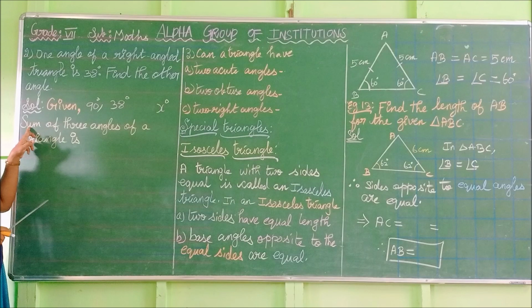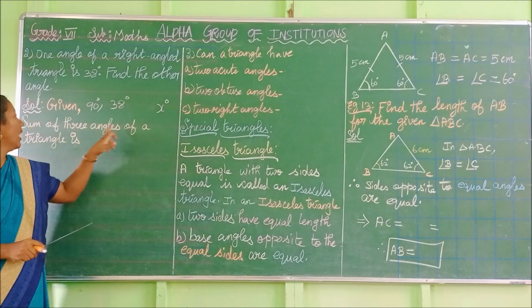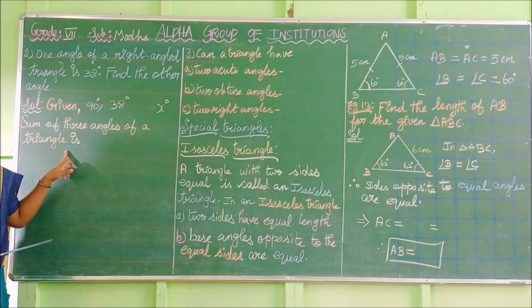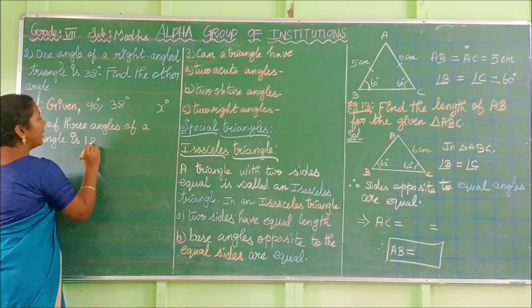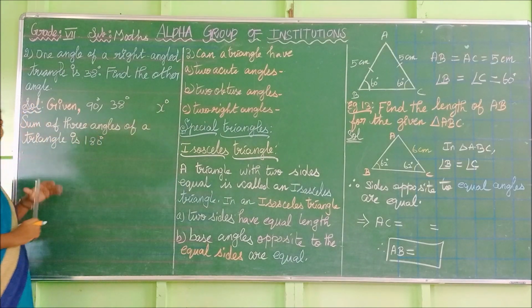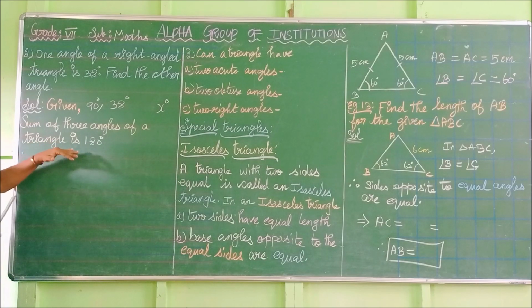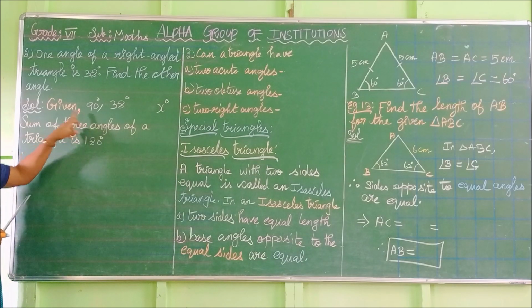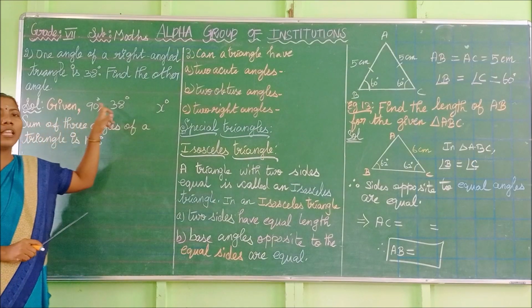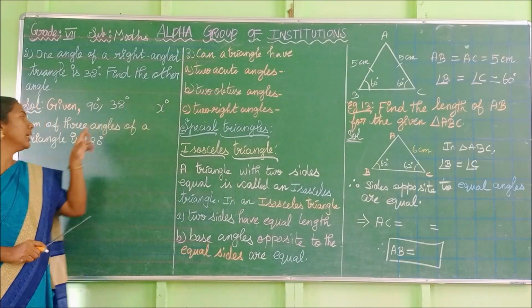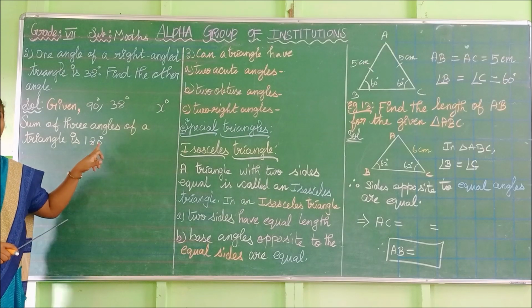Okay. We know that the sum of 3 angles of a triangle is what? Sum of 3 angles of a triangle is, yes, 180 degrees. So now we are going to use this property to find that angle. What is meant by sum? Sum means add. If you add 3 angles of a triangle, it is equal to 180 degrees.